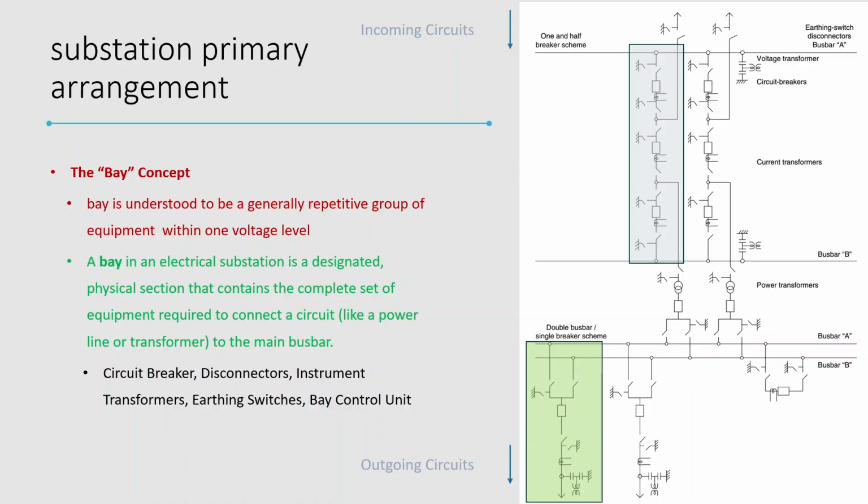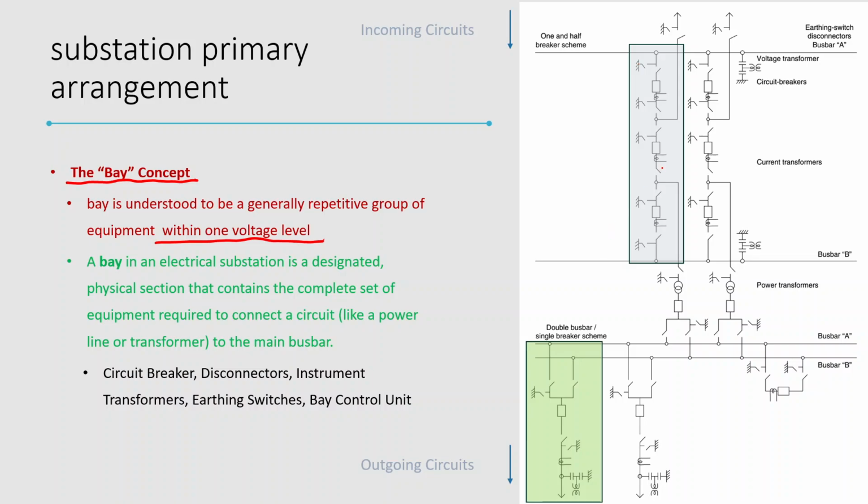And when you talk about this bay concept, that's very important when it comes to substation automation, right? A bay is generally understood to be a repetitive group of equipment within one voltage level, right? So if you look at this, you have bus A and bus B, and then you have the corresponding protection devices and measuring devices connecting the incoming source to these two buses.